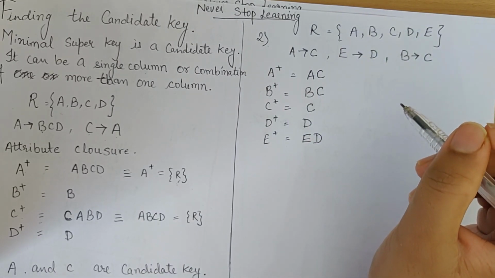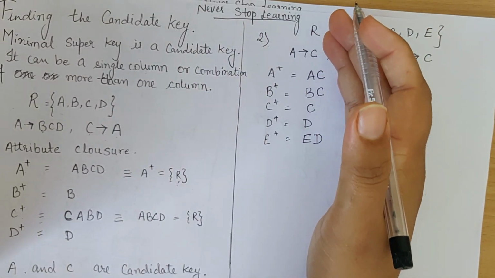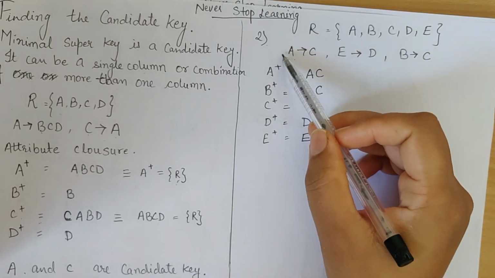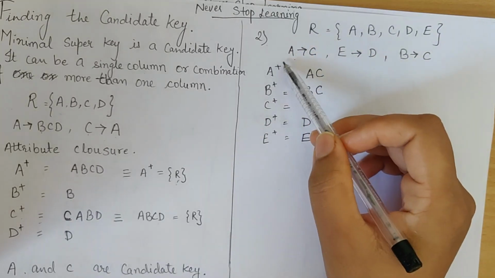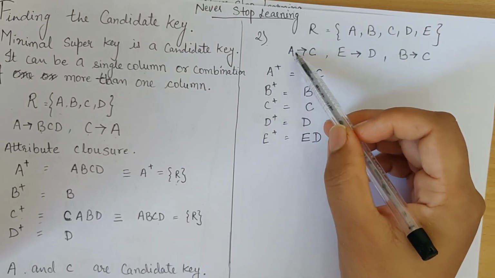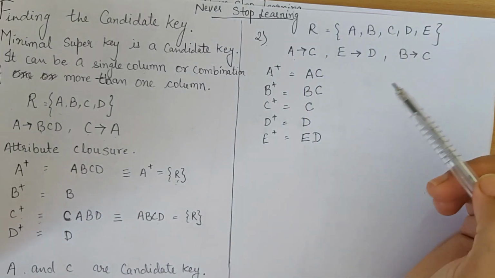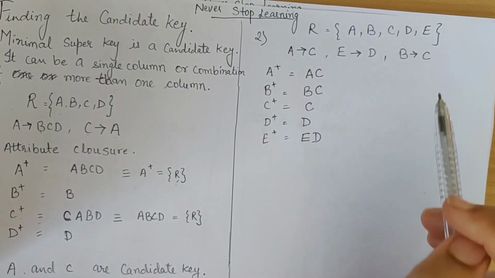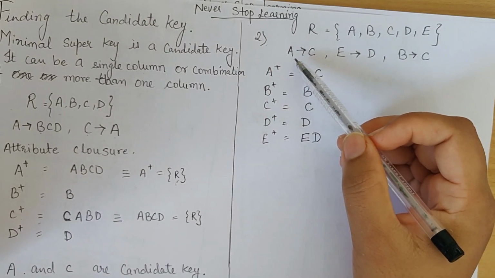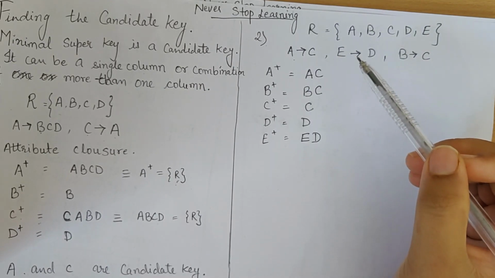For any attribute that appears only on the left hand side of the functional dependencies, we will check for those elements. Left hand side means those attributes are determinants, they are not dependent on anyone, and those who are determinants have the power to determine the entire relation.